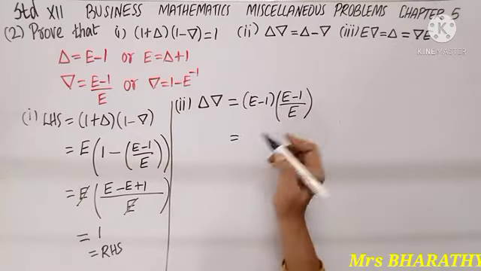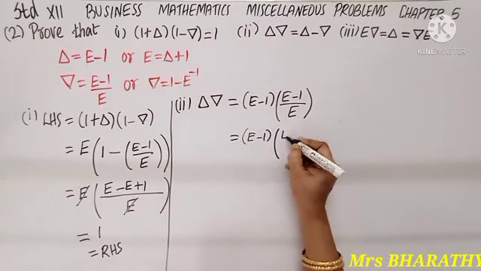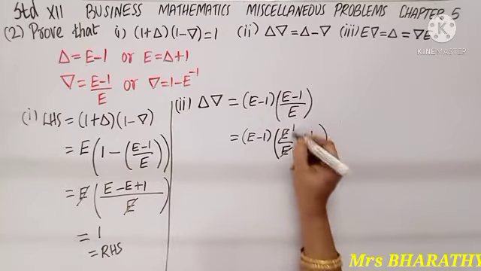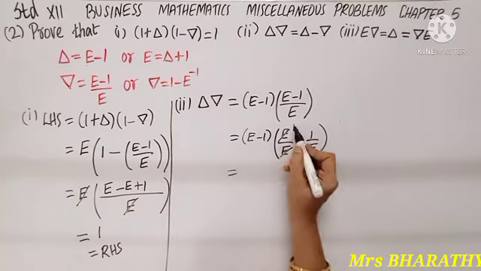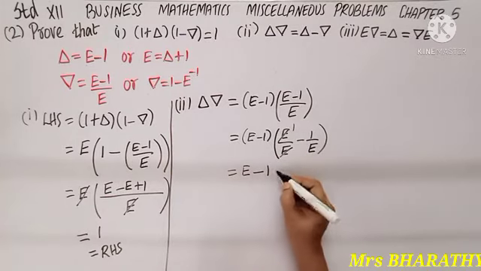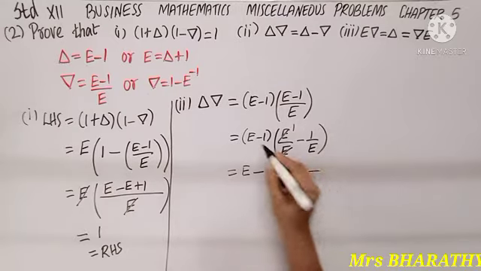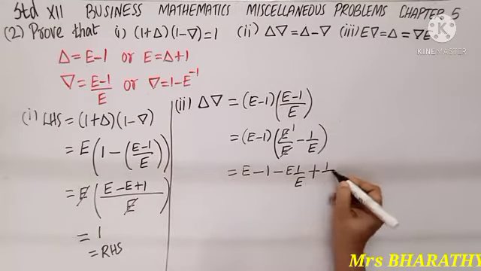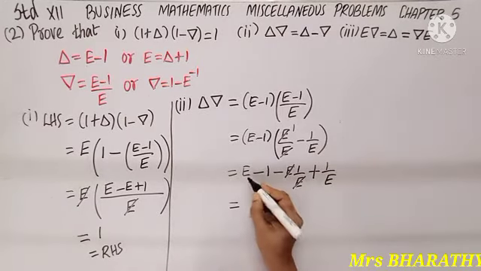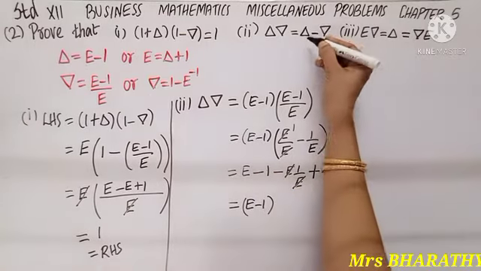As we multiply, it is E minus 1 into E by E minus 1 by E. As I multiply E into 1, 1 into 1, minus E into 1 by E, minus into minus plus 1 by E. As we cancel, we get E minus 1 as it is because I want delta.